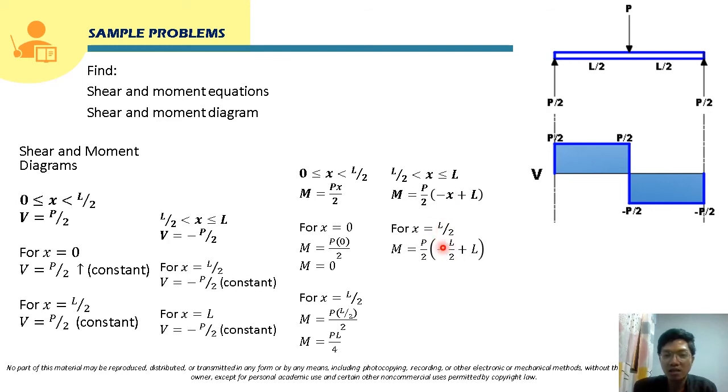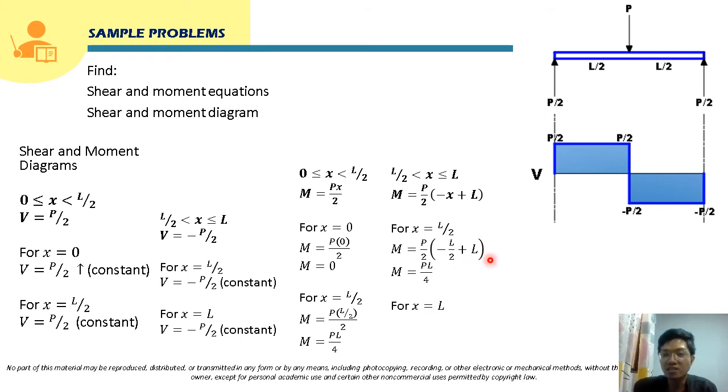So this will become negative L over 2 plus L, which is actually L over 2, right? So P over 2 times L over 2 will be PL over 4. So this will be the moment at x equal to L over 2.